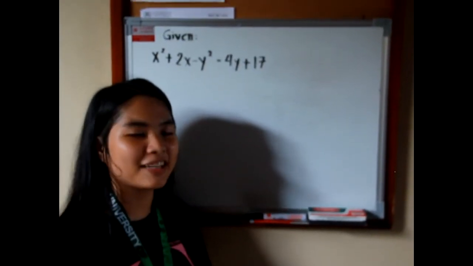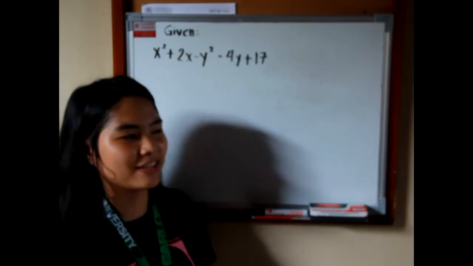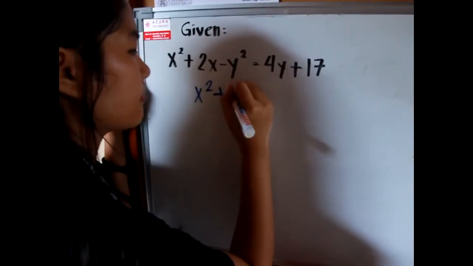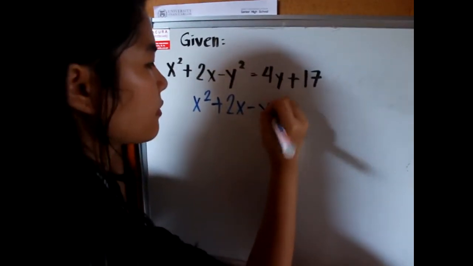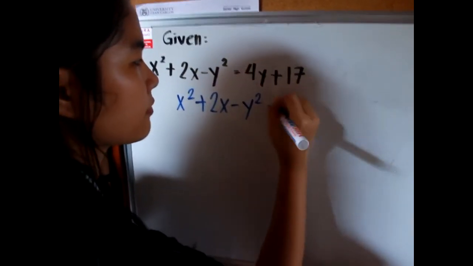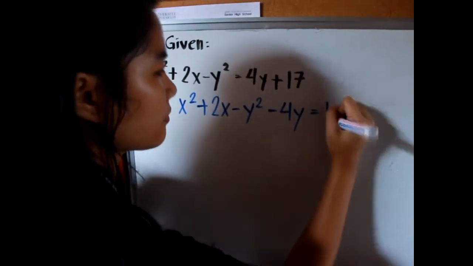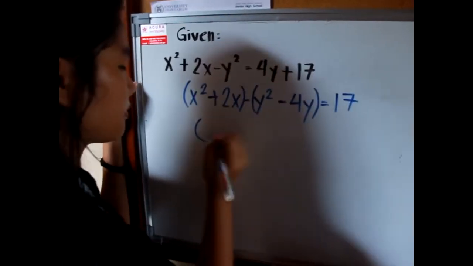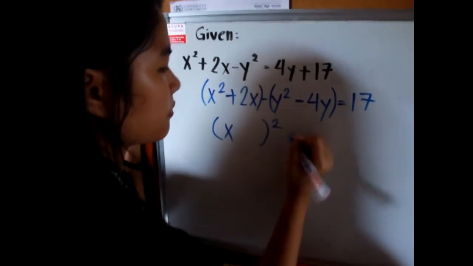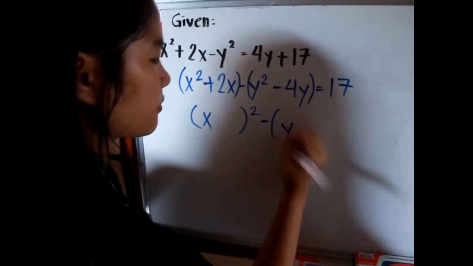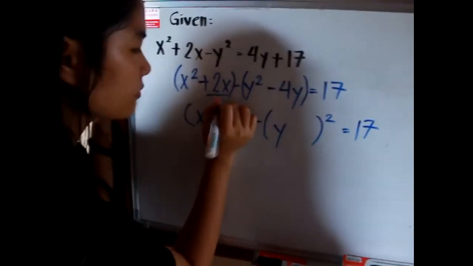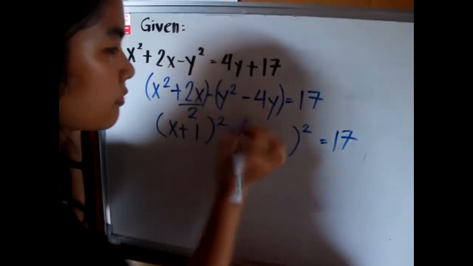Now let's try this equation. First, let's find the center. Group the terms with the same variables and then make them into squares of binomials. Add 1 and negative 4 on the other side.